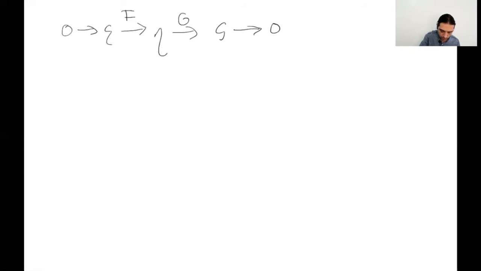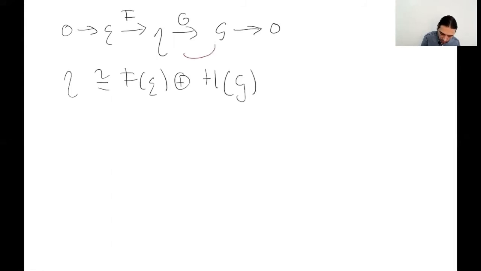What we want to see is that eta is isomorphic to the direct sum of the image of psi by F and the image of theta by H, okay? And H, we have it, it's a map there such that the composition of H and G is the identity map.